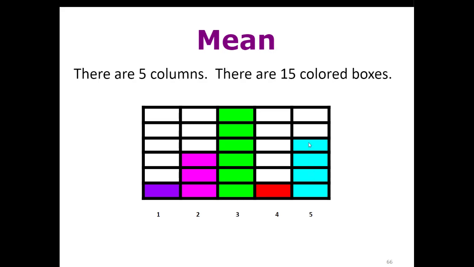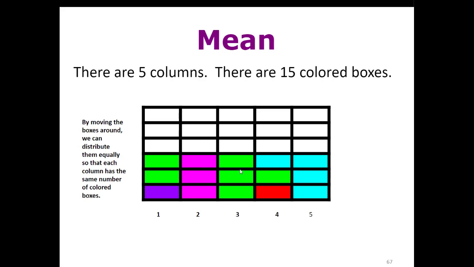Now, if I wanted to make all of these columns the same height, I could take a couple of these greens and move them over, and maybe one of these blues and move them over, and I would get something that looks like this, where I just took pieces from taller columns and put them with the smaller columns so that they all evened out. So here we can distribute them equally, and all of the columns have the same number of colored boxes.